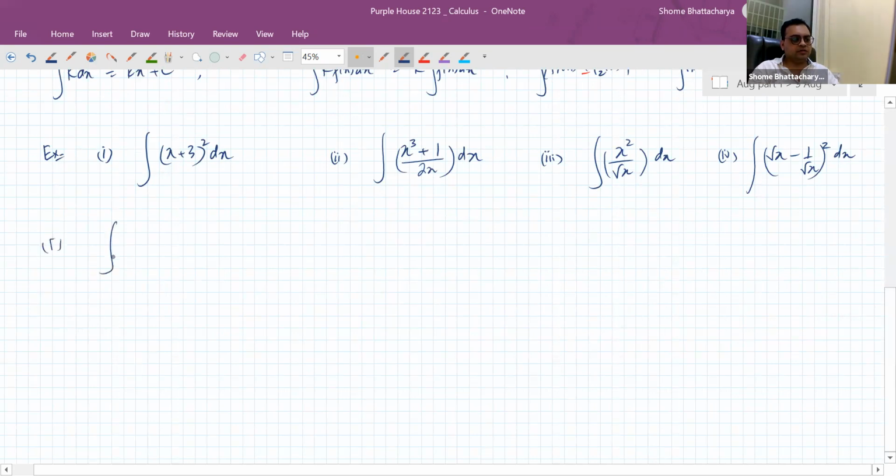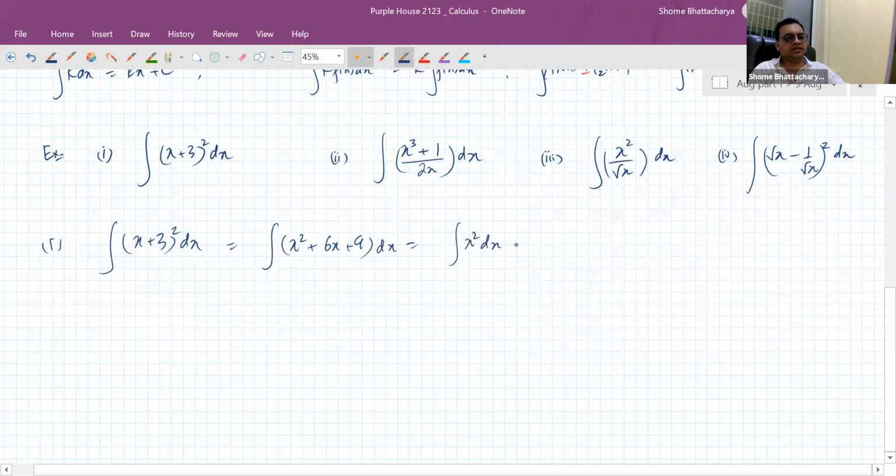The first one, x plus 3 whole square. We can do it by substitution also, but here I'm just doing it by the simple method, by expanding this first. So x squared plus 6x plus 9. And then you just separate out the terms.